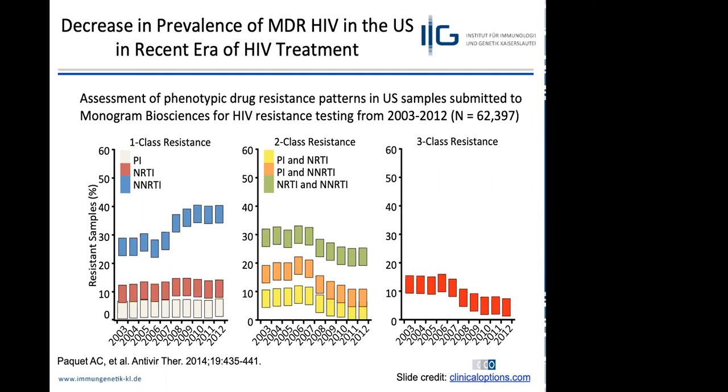But this changed dramatically in 2007 with the integrase inhibitors at hand, and also Maraviroc as entry inhibitor was really important to change this game. So the prevalence of multi-drug resistant HIV isolates is decreasing.